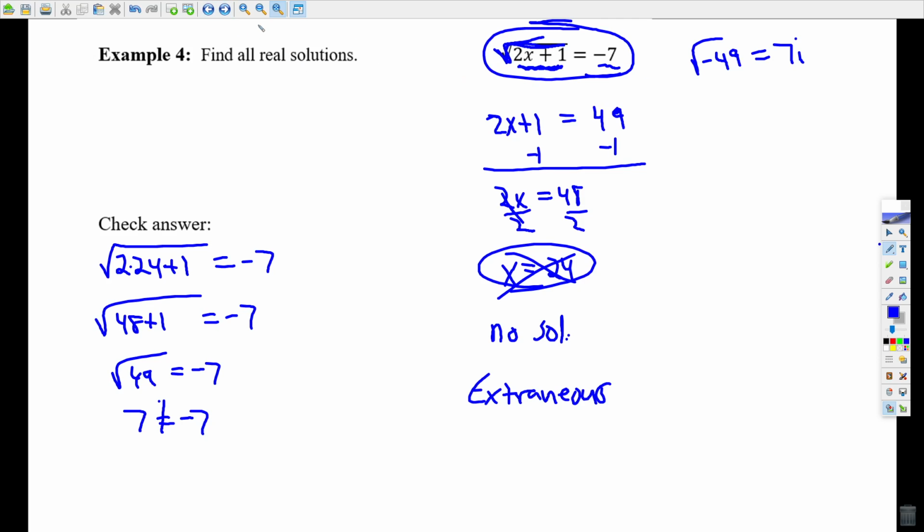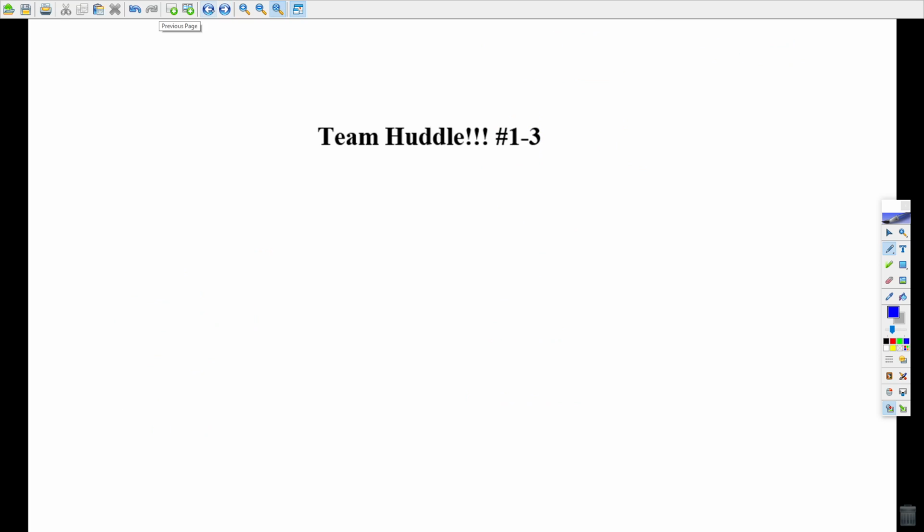So we have this little thing we have to go over, which is that even roots need to be checked. You can't maybe figure out if it's going to work out or not from the beginning.